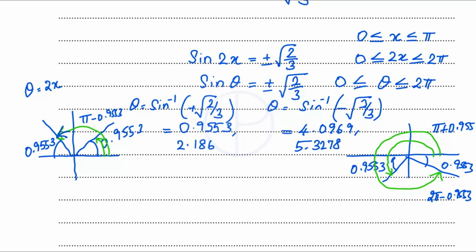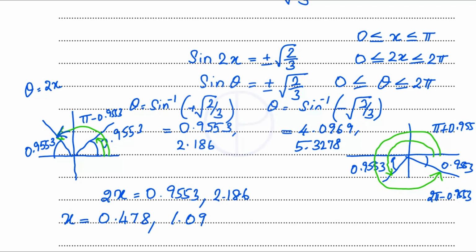Okay, so 2x is 0.9553 and 2.186. So what is x? 0.9553 divided by 2, which is 0.478, and 2.186 divided by 2 is 1.09.